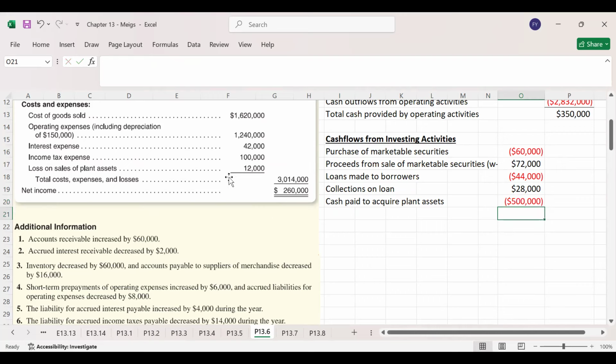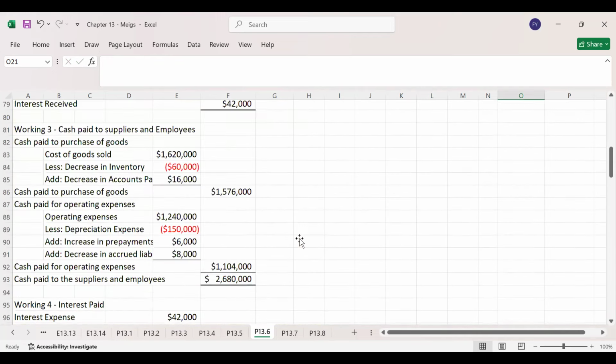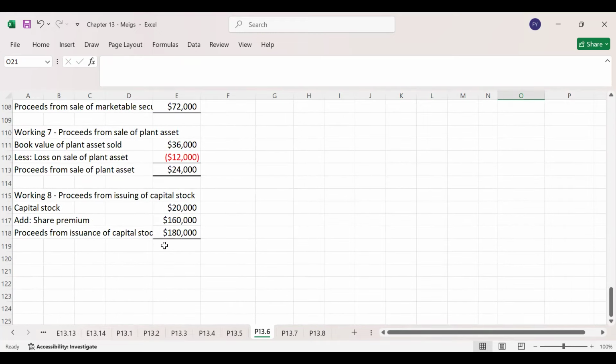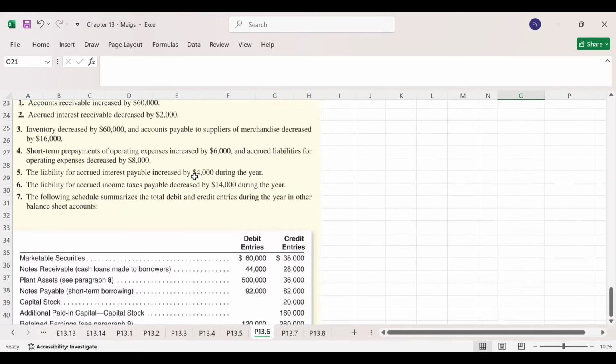And then regarding assets, you can see this 36,000. Related to this 36,000, we have calculated proceeds from the sale of plant assets, which is 24,000. So we also sold plant assets during the year.